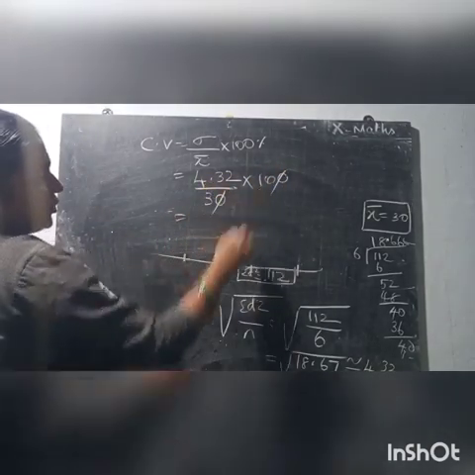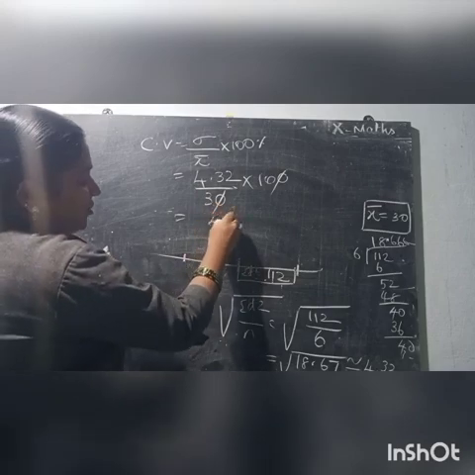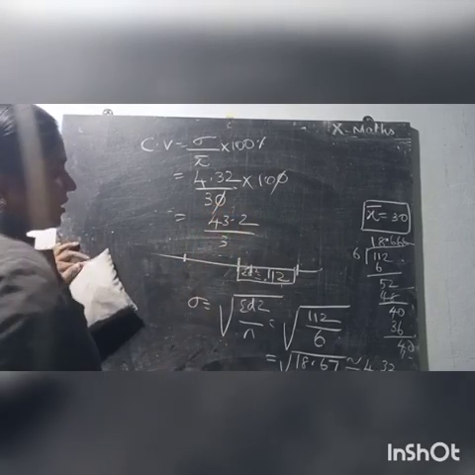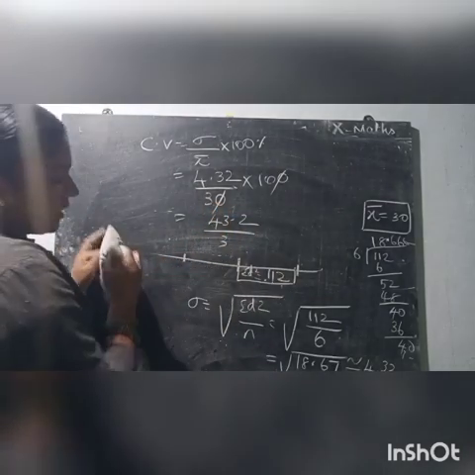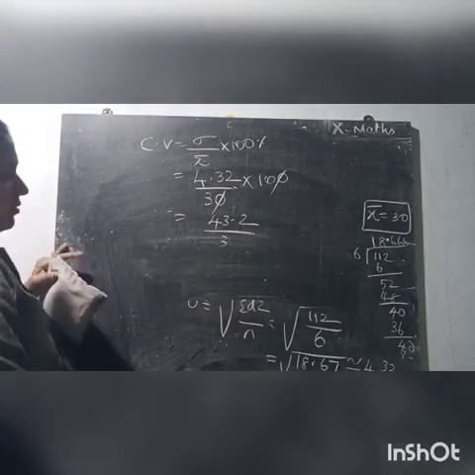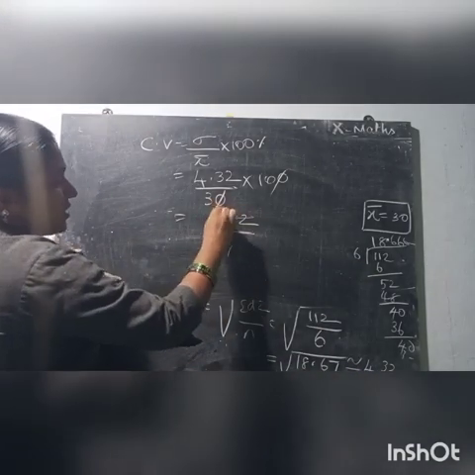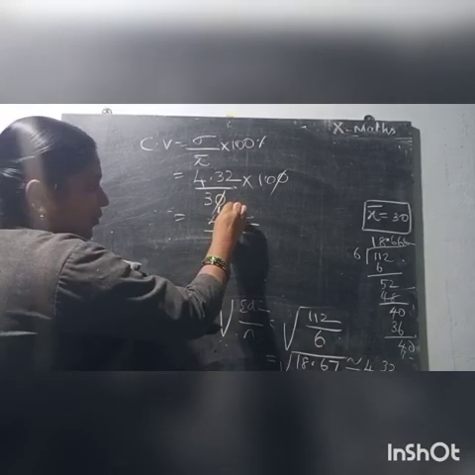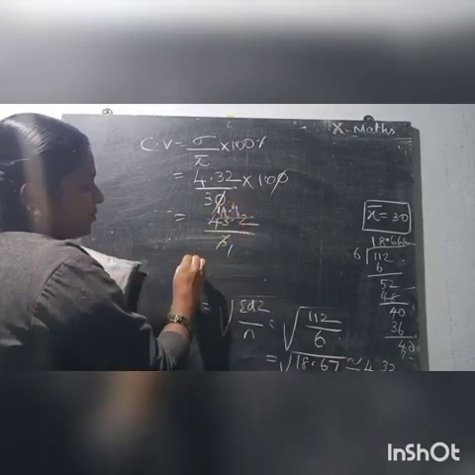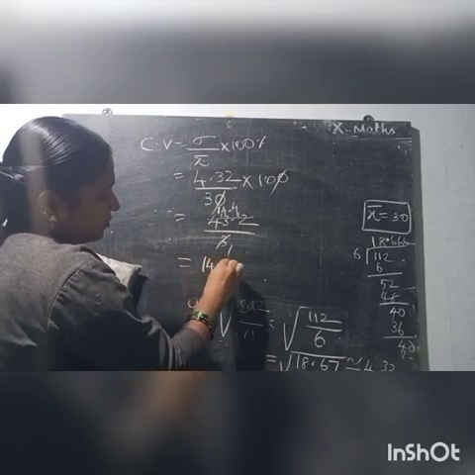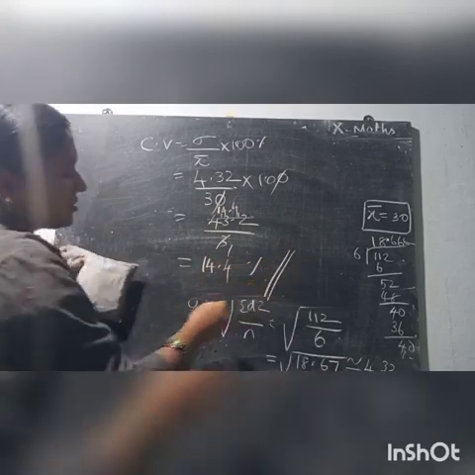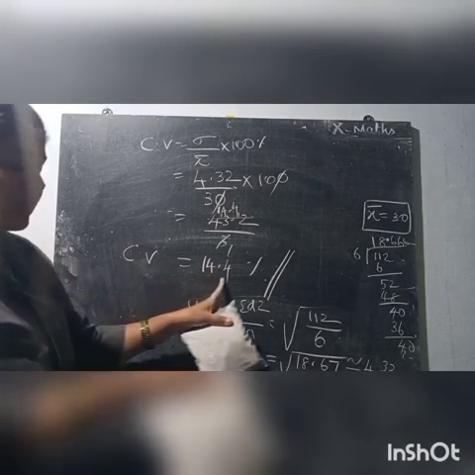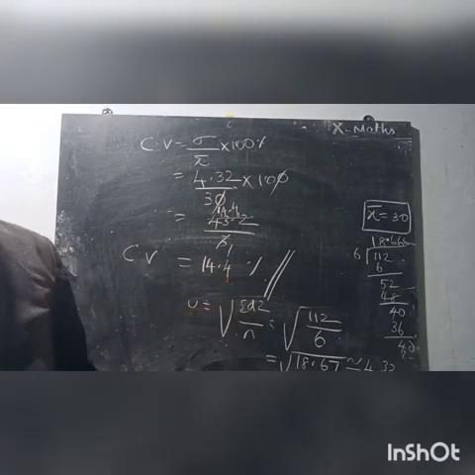Now 4.32 into 10 is 43.2 divided by 3. Now we divide by 3 using the table: 1 time 3 is 3, balance 1. In 13, 4 times 3 is 12, balance 1. Then point, again 4 times. So the answer is 14.4 percent. So the coefficient of variation value is 14.4 percent.